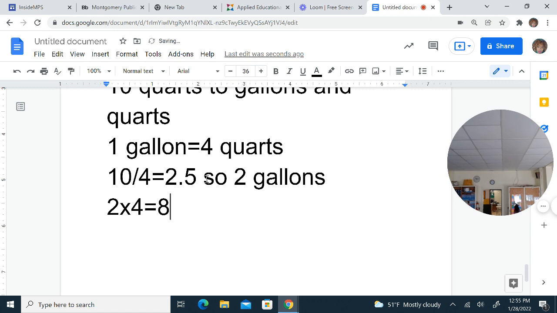Two times 4 gives you 8. So then 10 minus 8 equals 2. So that's your 2 quarts.